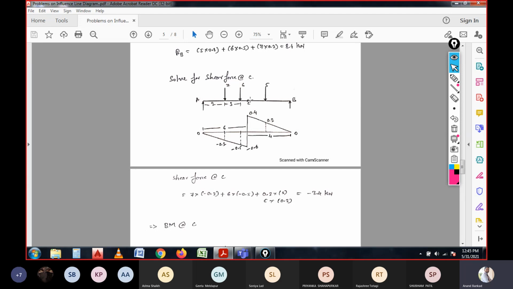In this problem statement, at the point C, if you observe the cursor I am showing, at that point C we need to calculate the shear force. So how have we considered that point? Here we have taken a section for C. So this is the section that we have considered.